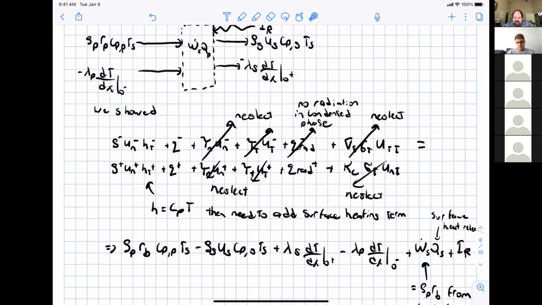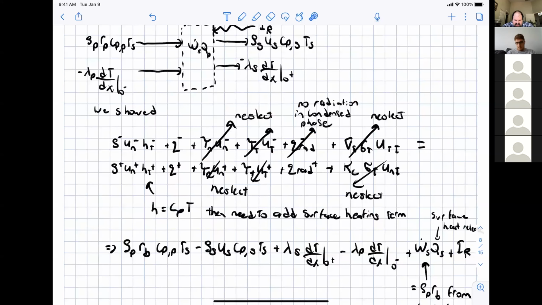So then we do the energy balance, and then you can apply these same conditions that I derived in class. And so there's nothing new here. We are neglecting the effect of any shear stress. And there's no radiation inside of the condensed phase.